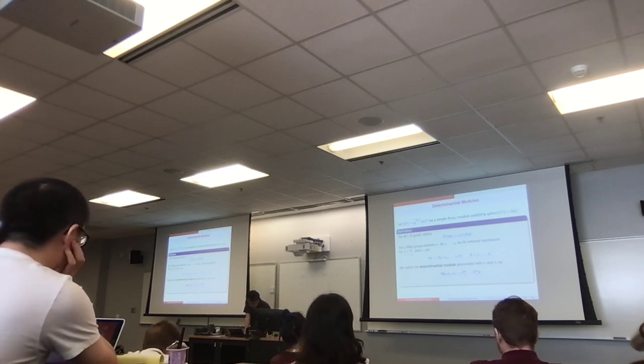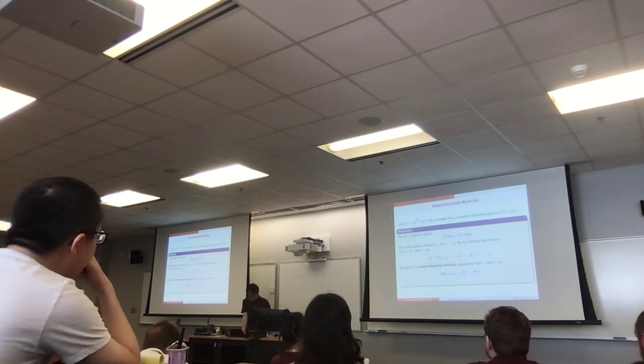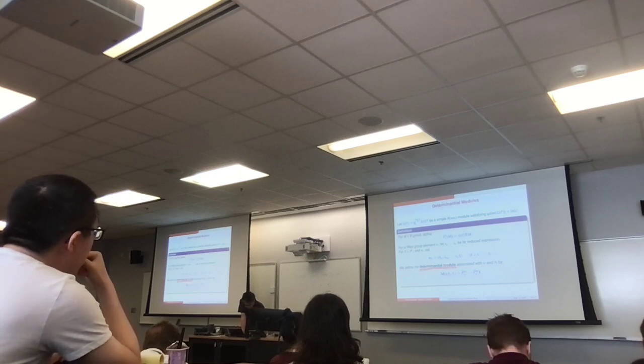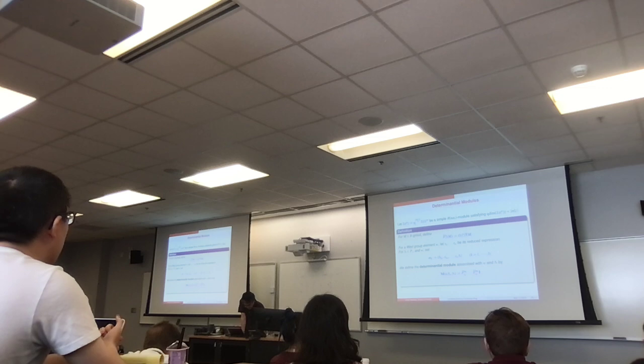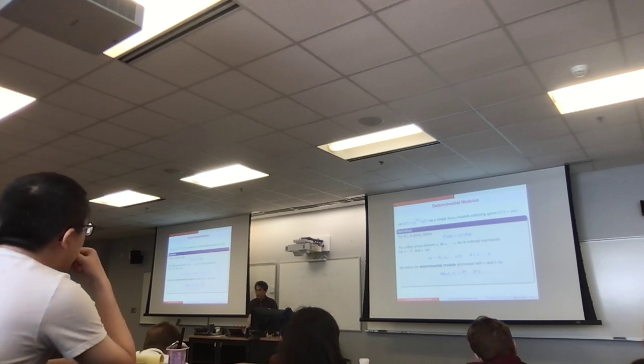So we define M_k by this formula. We saw a similar one just before. Then the determinantial module is defined by this formula. So we apply this according to this reduced expression on the unit of the category. This is called the determinantial module.